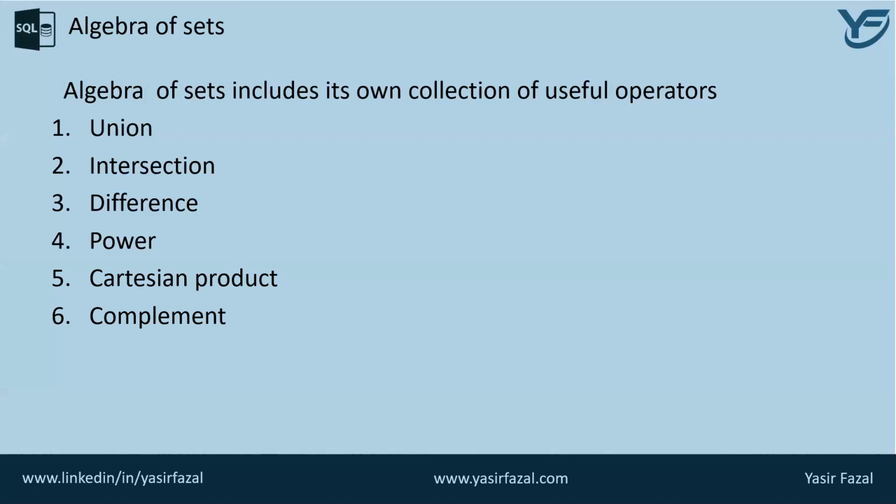Complement means that if a set has some members present in it, but you want another set which has all the members except the members of A, you will utilize the complement.